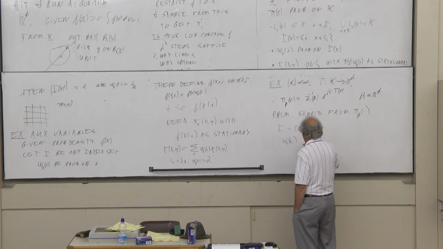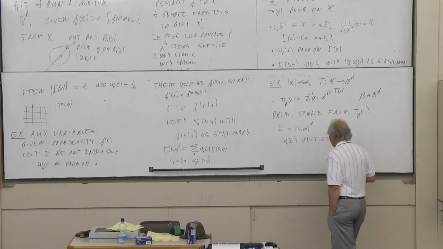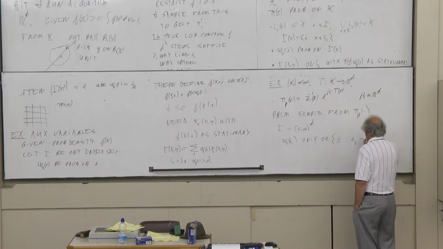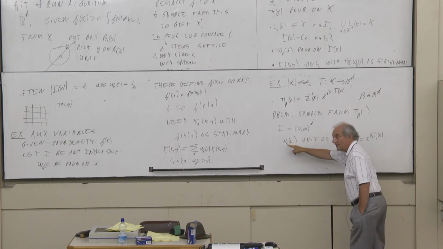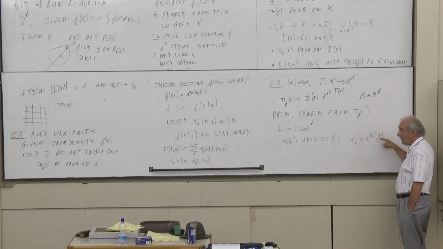W sub x of I is uniform on the set of all I such that I sub j, the jth component, is less than or equal to e to the beta j t j of x. X is fixed here. Beta j, this is the jth component of this vector t of x. This is a certain number.